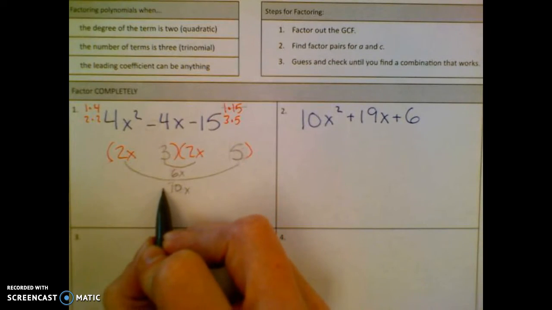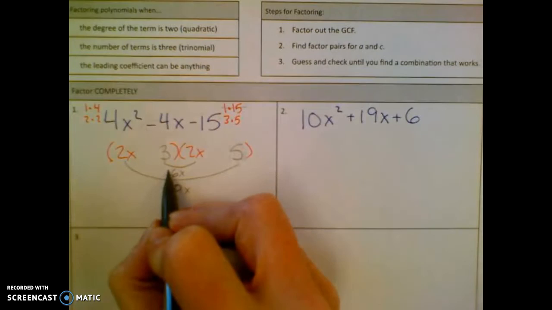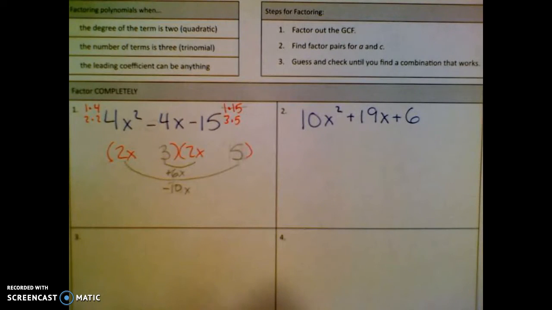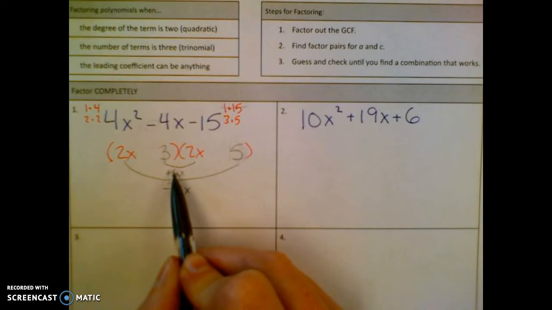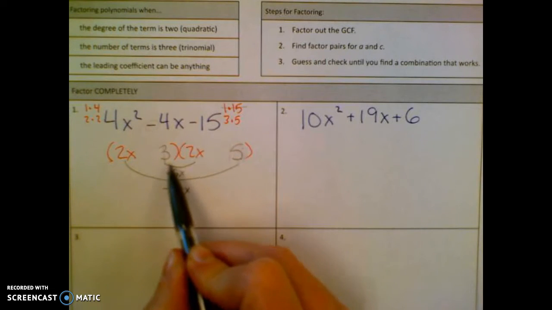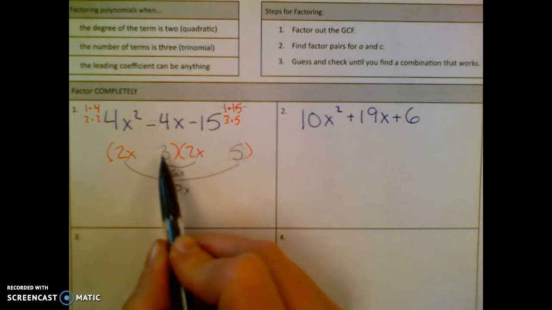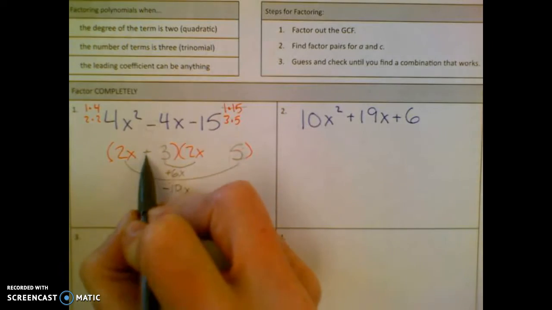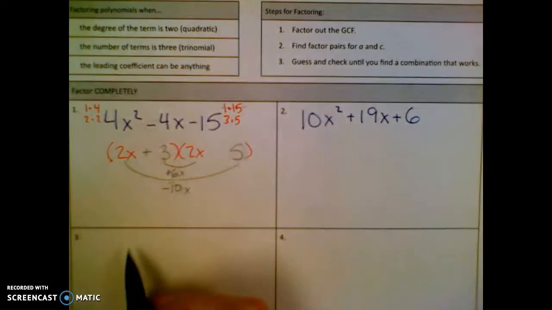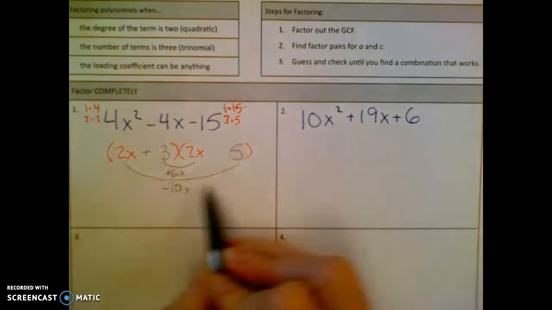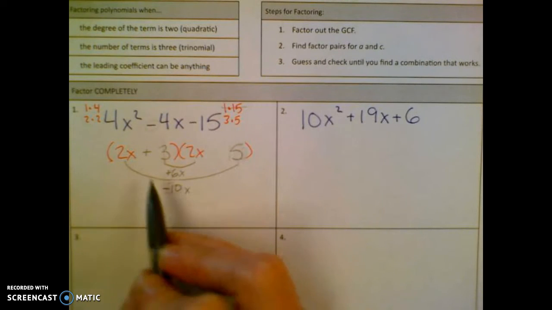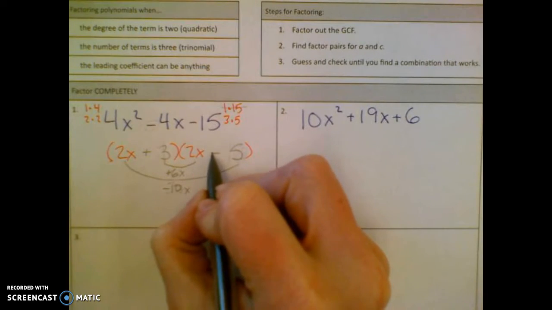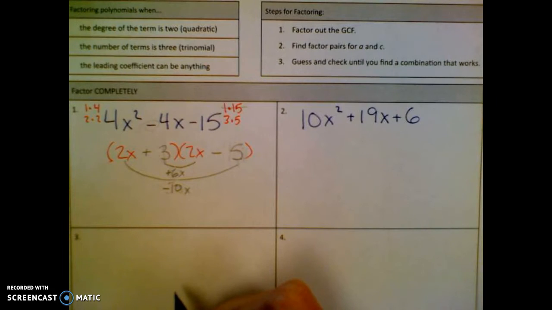So I want a negative 10x and a positive 6x. Okay, let's try that. In order to get a positive 6x, my inner product must be positive. So positive 3 times positive 2x gives me a positive 6x. My outer product needs to give me a negative 10x, so 2x times negative 5 gives me my negative 10x.